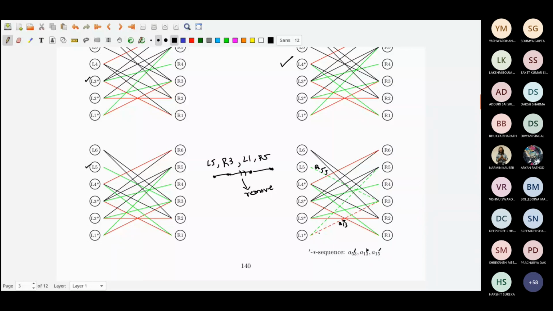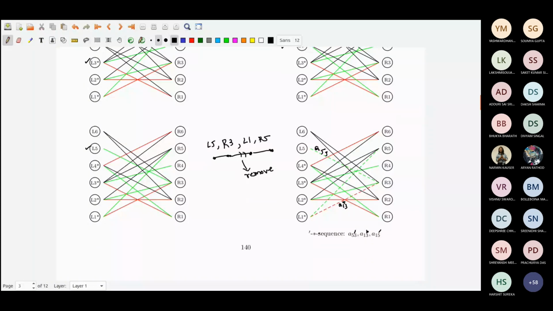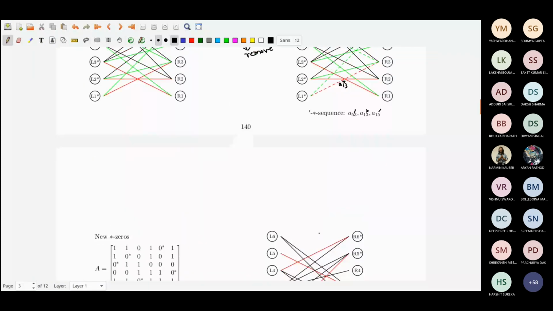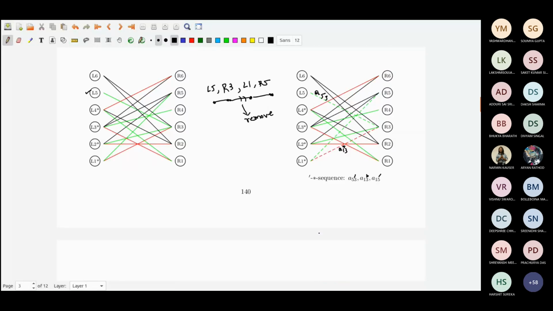When you find the prime star sequence, you change the primes to stars and make the middle star go vacant. So just dissolve it. So in the next matching, remember what we would have got? We would have got A53 and A13 is gone.